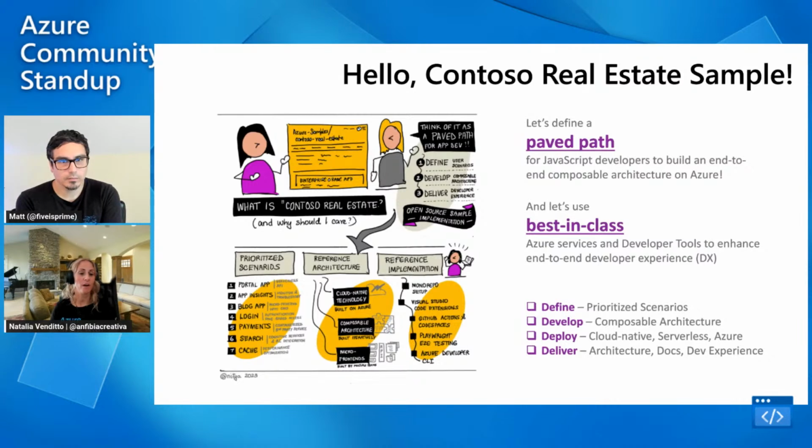Well, we go through 4 stages that we have defined. That's precisely define or design the prioritized scenarios. Then we develop the architecture with composability in mind in this case, because we are composing, again, different parts. Then we deploy the solution using cloud-native technologies in Azure, serverless, most of them.